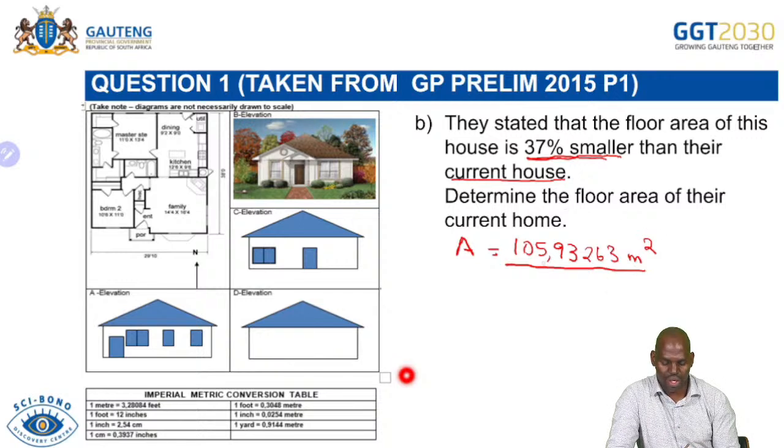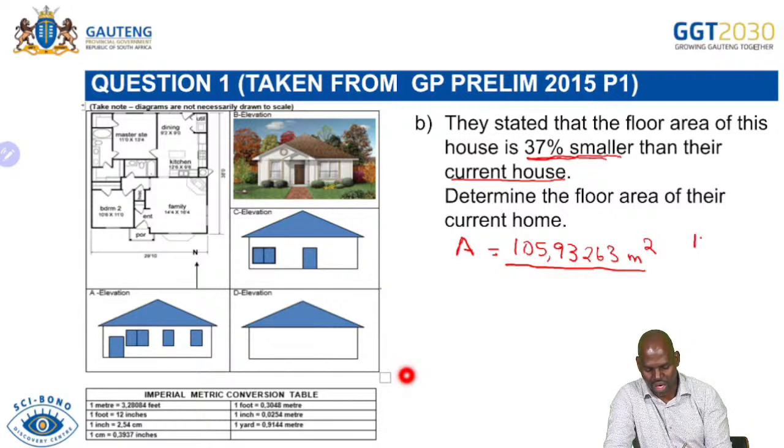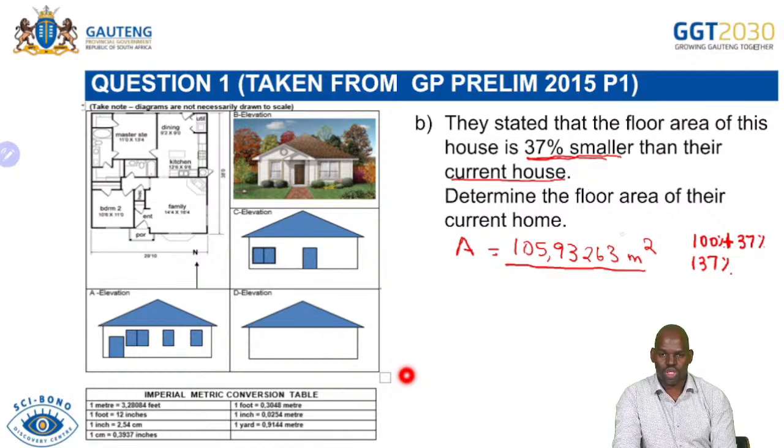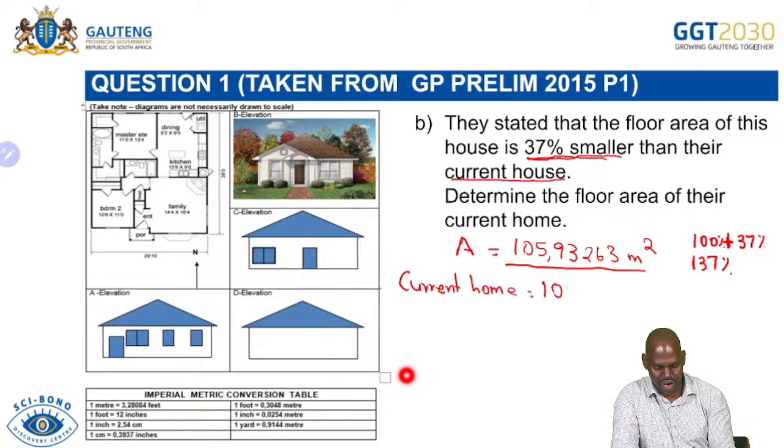So there are two ways of doing it. The first one is we can say 100% plus 37%, this will give us 137%. So we need to increase this one because this one is actually smaller. So we say the current home is 105.93263 multiplied by 137%.